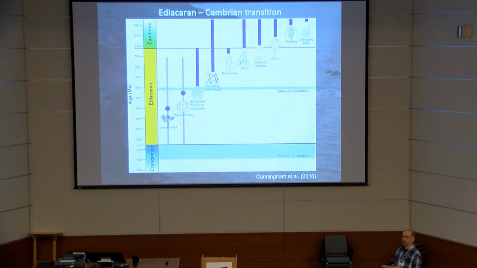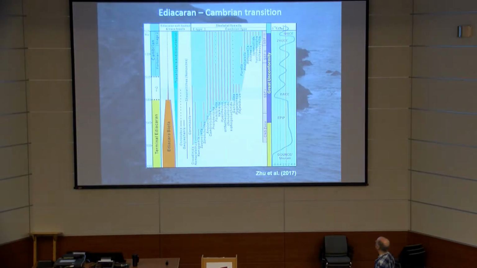This is a summary diagram showing the evolution of life after the Cryogenian glaciations, including the first appearances of Ediacaran biota, appearance of small shelly fossils, Gaskiers glaciation, and then the dominance of bilaterian life after the Precambrian-Cambrian boundary.